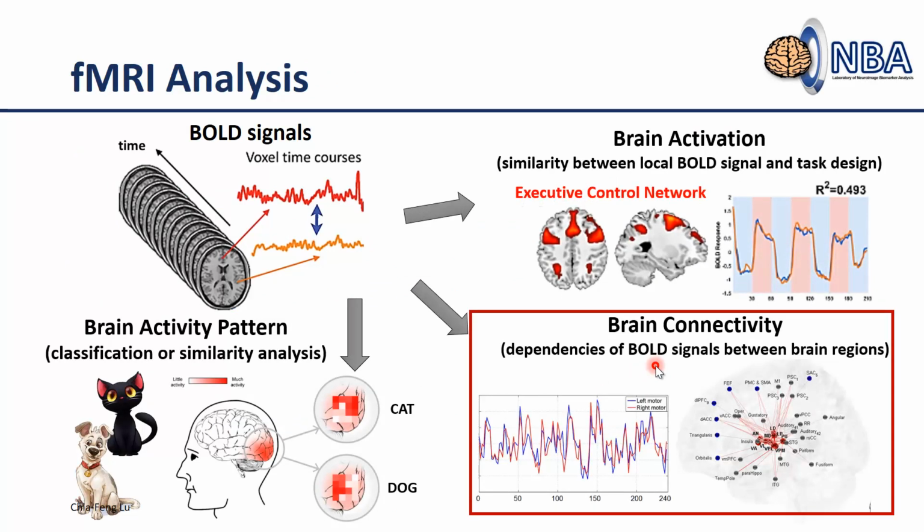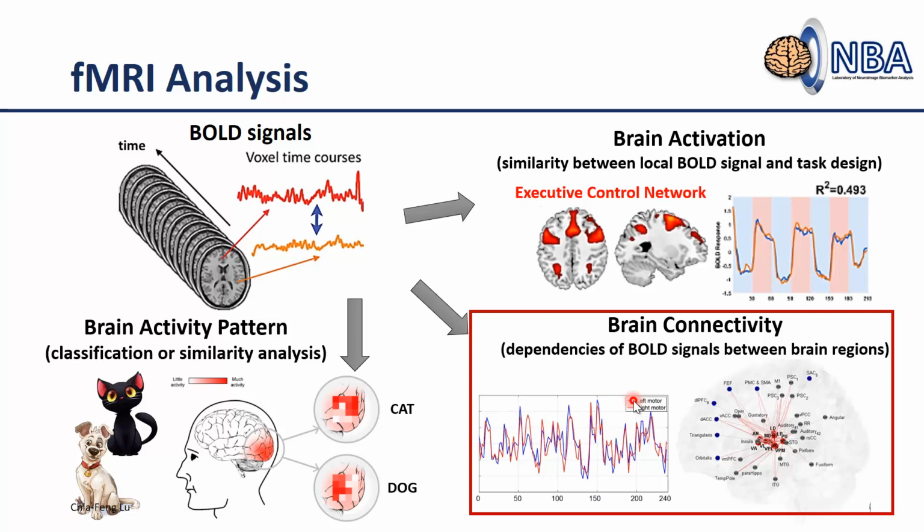So today, as we mentioned before, fMRI analysis includes three different types. And we already spent several weeks talking about how to perform the brain activation analysis, either using SPM or the so-called DPABI or DPARSF toolbox to do the ALFF or ReHo calculation. So today we are going to talk about the second part, the brain connectivity.